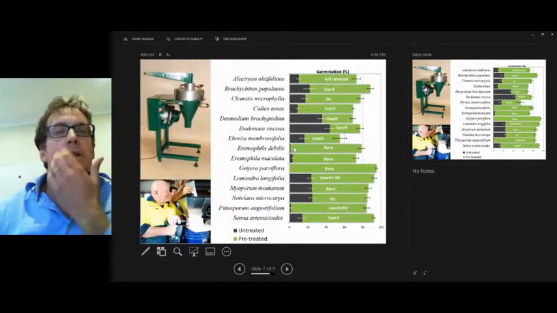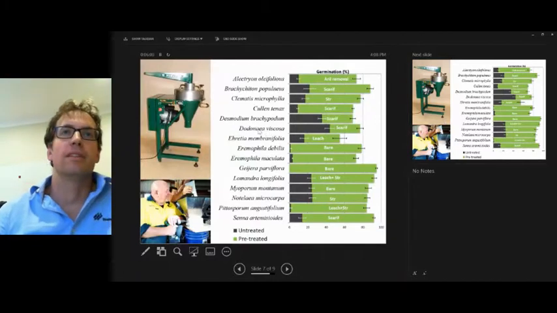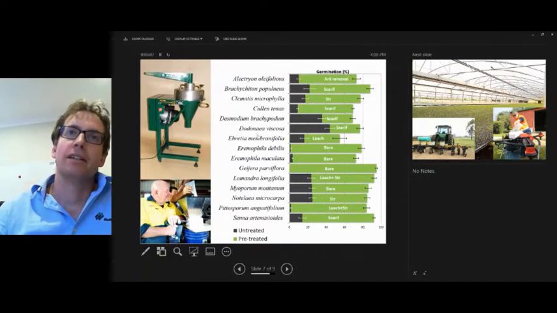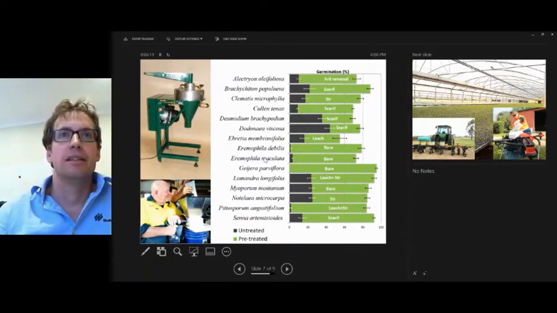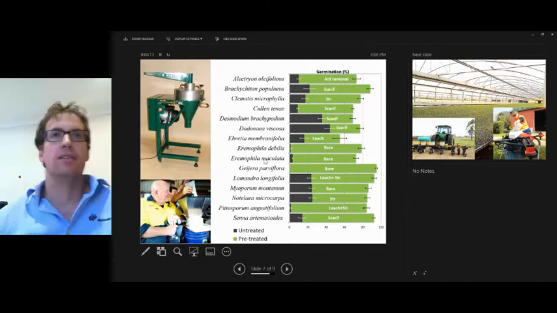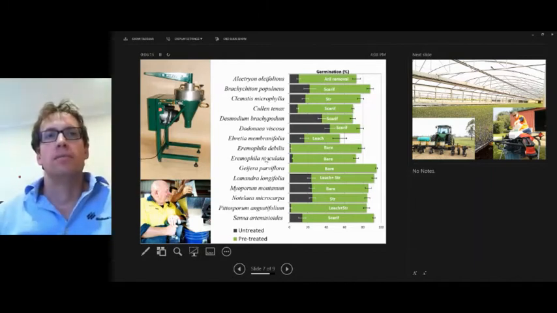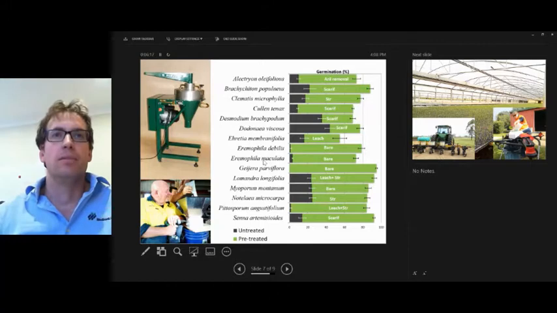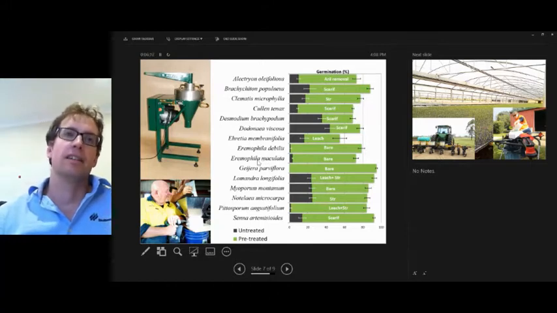So in this slide here, not only do we have to figure out the triggers to get these difficult seeds to germinate, but we also have the job of pre-treating these seeds if they require it at our own facilities before we use them.